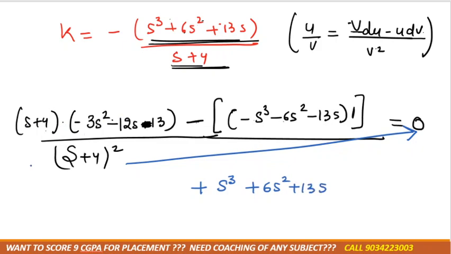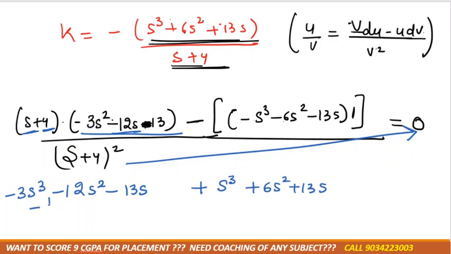Now we need to multiply this equation. If I multiply the whole term with s, that would be minus 3s cube, then minus 12s square, minus 13s, right? Now I need to multiply the whole term with 4. 3 into 4 is how much? 12. Then it would be minus 12s square, 12 fours are 48, minus 48s, minus 13 fours are 52, right? Clear?